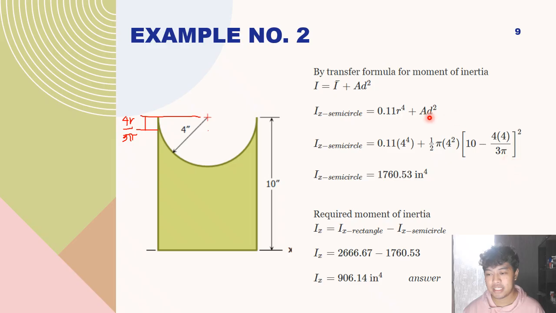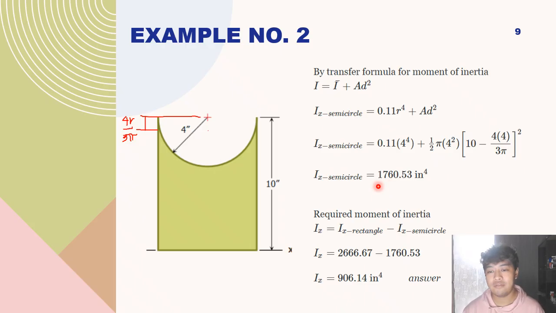And since that perpendicular distance is squared, we square it all. If we compute the value, Ix of the semicircle will be equal to 1760.53 inches to the power of 4.